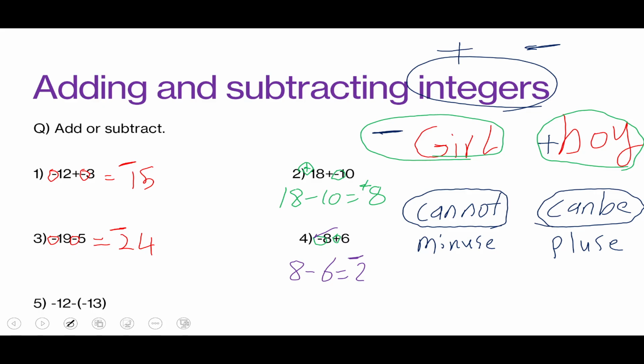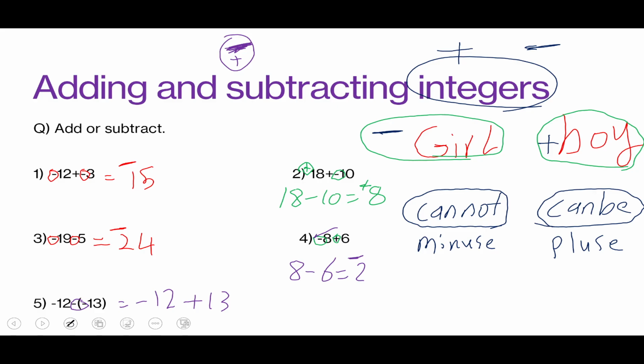About question 5, it's a special case in here. There are two, let's say, minus and the negative. In multiplication, we studied negative and negative, let's say the face. Negative and negative, when they erase each other, the positive is left. So I'll write it negative 12 plus 13.